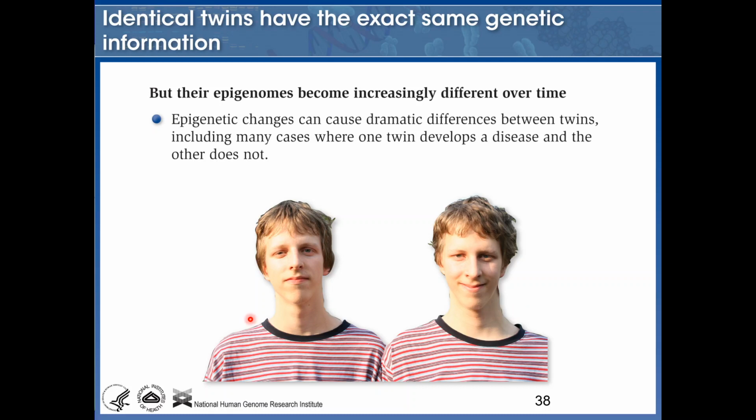Their DNA is exactly the same, yet they are different. I mean, you look at them and you notice that there are differences between them. Okay, why? They have the same DNA sequence. Yes, but they have different DNA modification and histone modification. So their epigenome really is different.